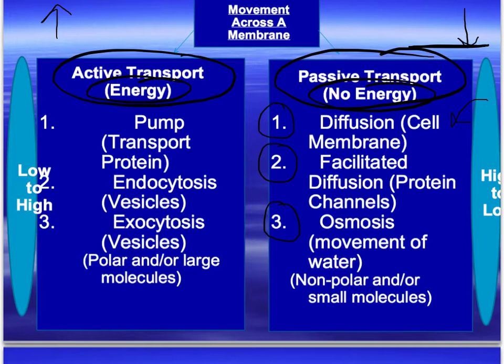Facilitated diffusion is when we have something large, or something that's polar, and it needs to get into the cell. It can do this through a protein channel. This is called facilitated diffusion. It means there's a big protein that is facilitating the movement of this large particle into the cell. But because it's coming into the cell, there must be a higher concentration of it outside the cell. Osmosis is the movement of water.